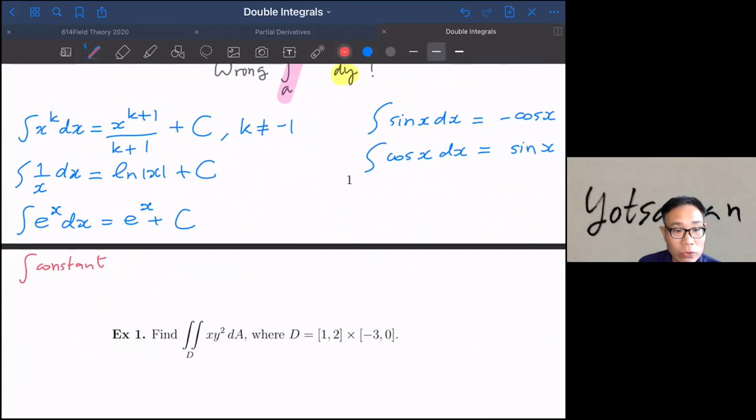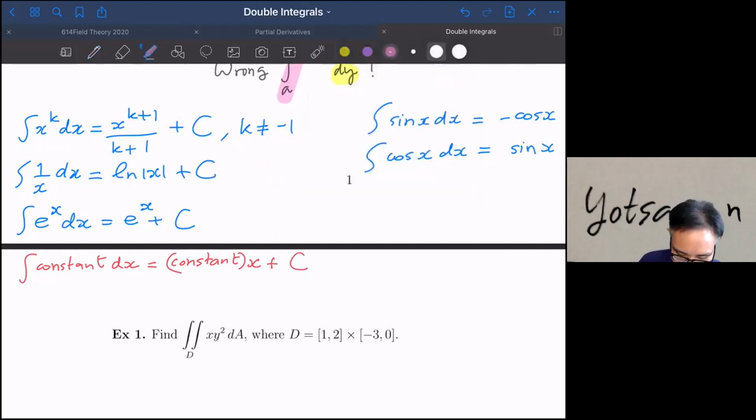By the way, if you'd like to integrate a constant, we also need to integrate constants. When we integrate a constant dx, it turns out to be the constant multiplied with x plus c.